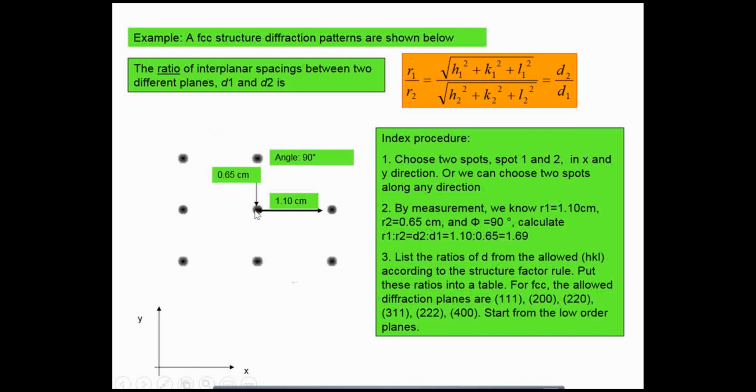Okay, now what you have to do is, the FCC structure diffraction pattern is shown below, and you have to index all of it. It is already given that it is an FCC structure. So by the selection rule we already know that it will have either all odd or all even plane indices. So we will generate our table.